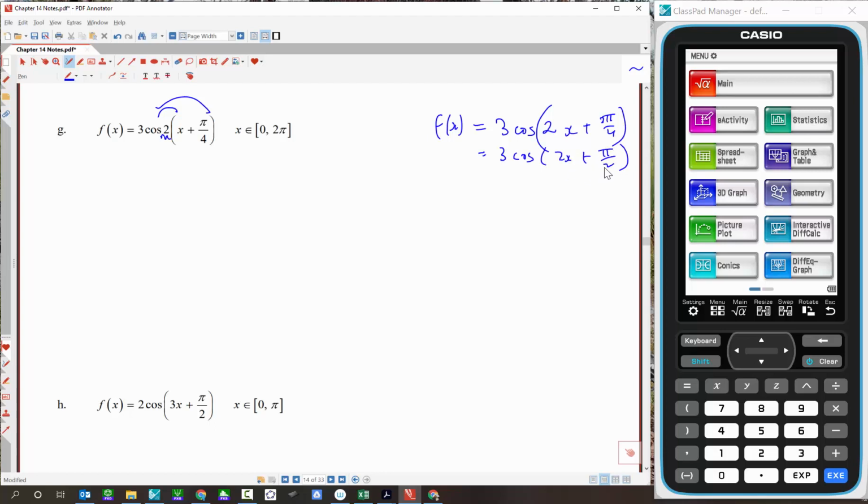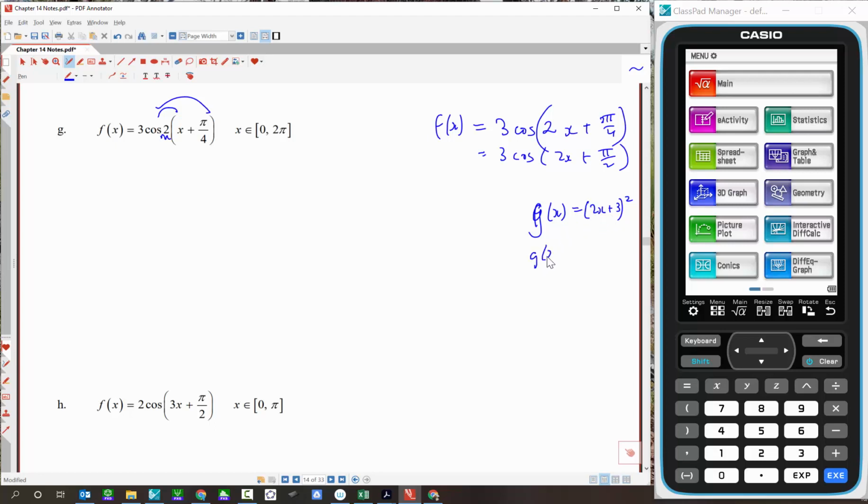Now, many students will say that the translation of this function is pi on 2 to the left, okay? But what you want to do, just like a parabola, and I'll give you an example here. So here's another parabola. So let's go g of x equals 2x plus 3 squared. Now this parabola here does not move 3 units to the left.